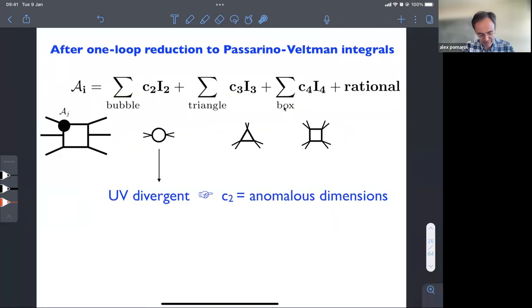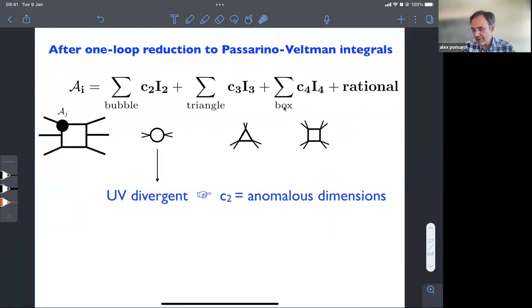Now the approach that has been understood for how to do these loops also on shell is the following. I am interested in this loop, this contribution, and as I said, it looks like particles appear here off shell. Now the idea is the following: at the loop level, any amplitude can be written as a reduction to what are called the Passarino-Veltman integrals.